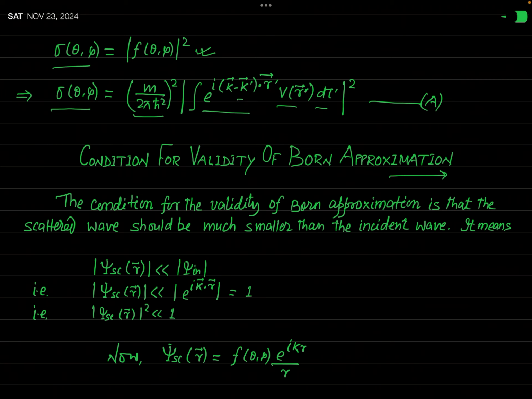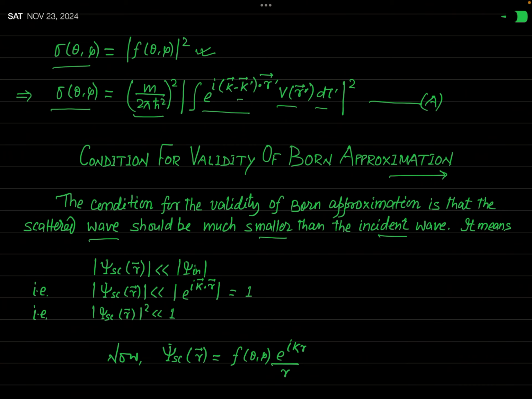If you want to state the condition in just a sentence, you can say that the Born approximation is valid when the scattered wave is much smaller than the incident wave.